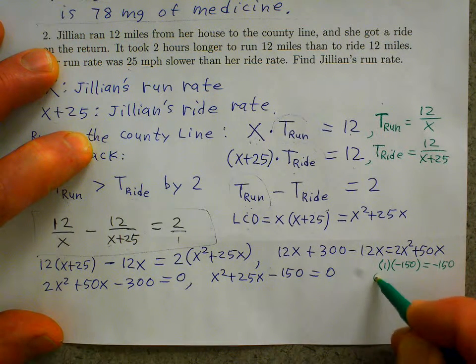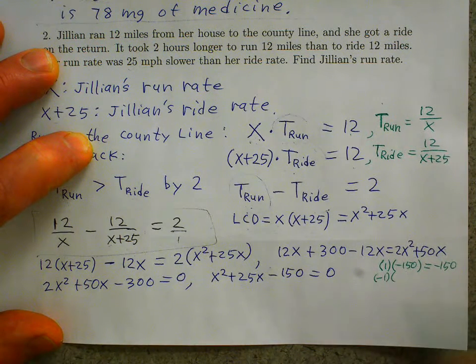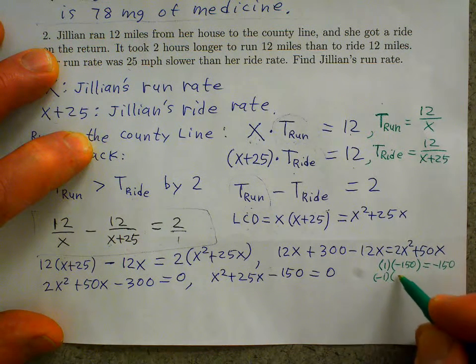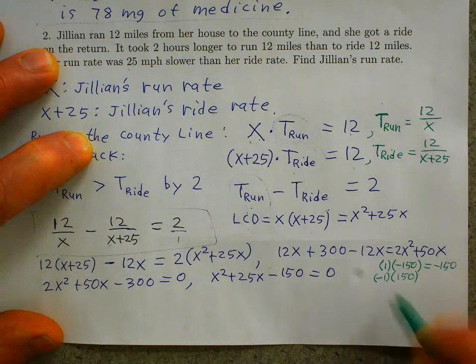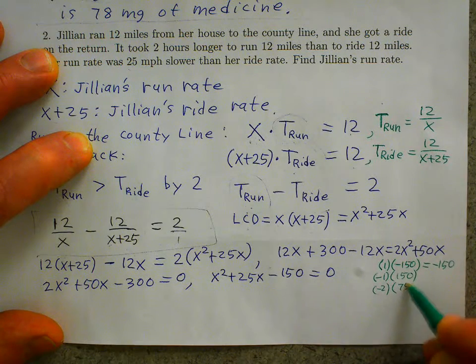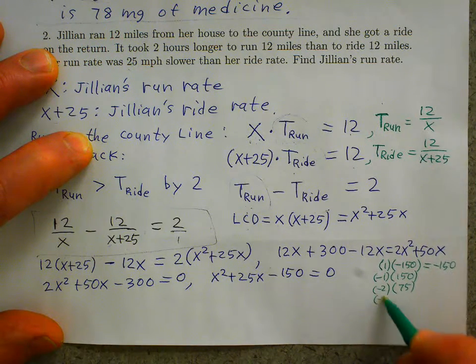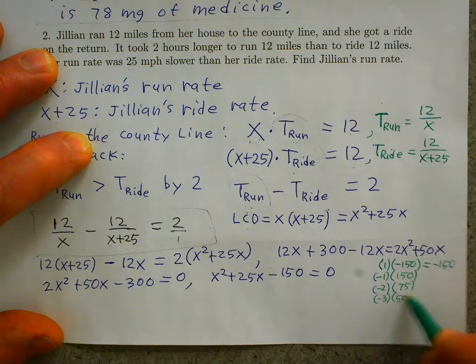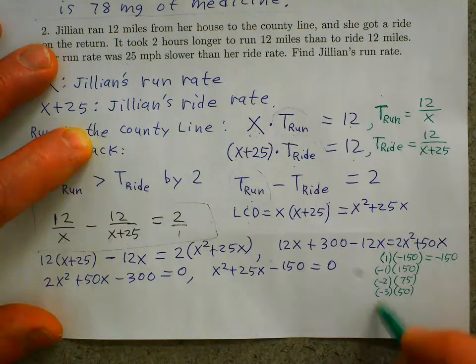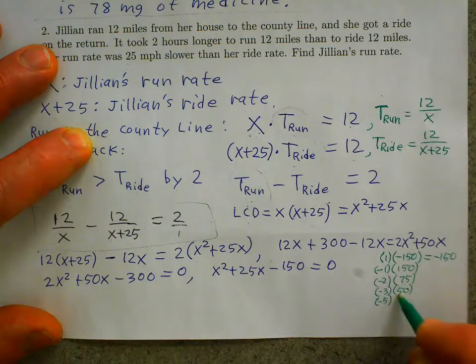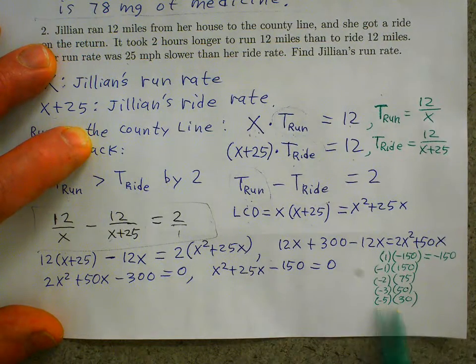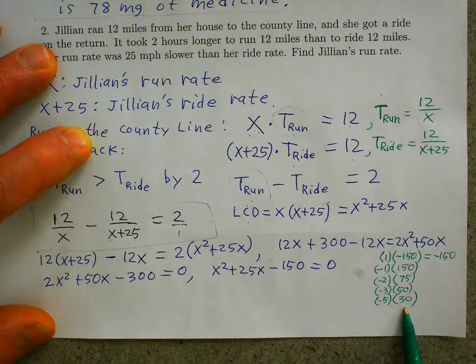So if you do the exhaustive method, negative 1 times 150, negative 2 times 75, negative 3 times 50, negative 5 times 30. Those add up to 25.